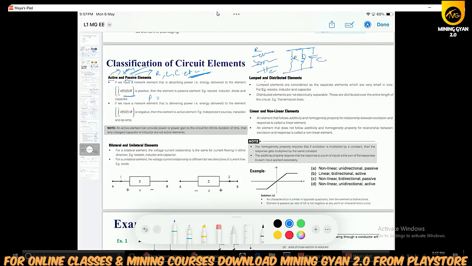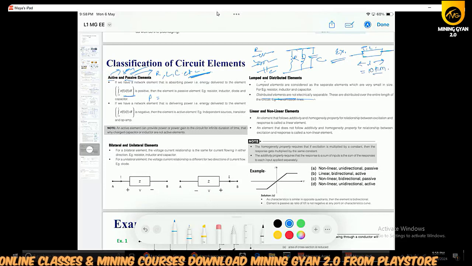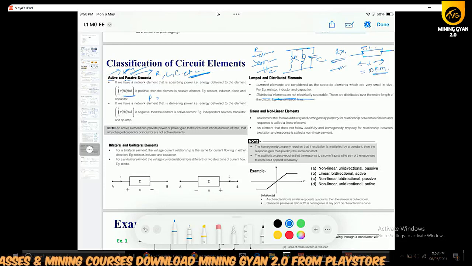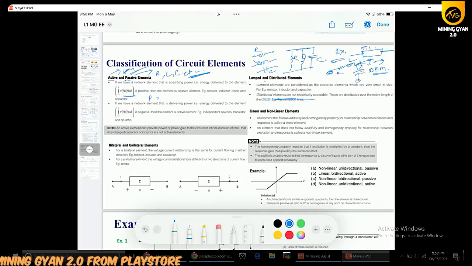But in case of a distributed element, for example, transmission line, if this is a transmission line and its length is 10 kilometers, so you cannot represent it by resistance, then inductance, then capacitance, because the distance is more, and there will be distribution of these elements R, L, and C over a distance.